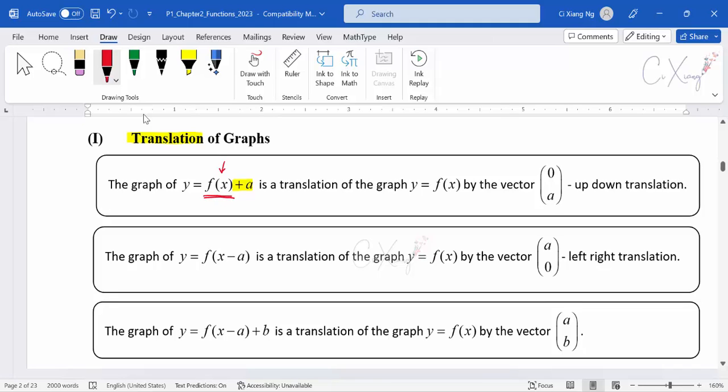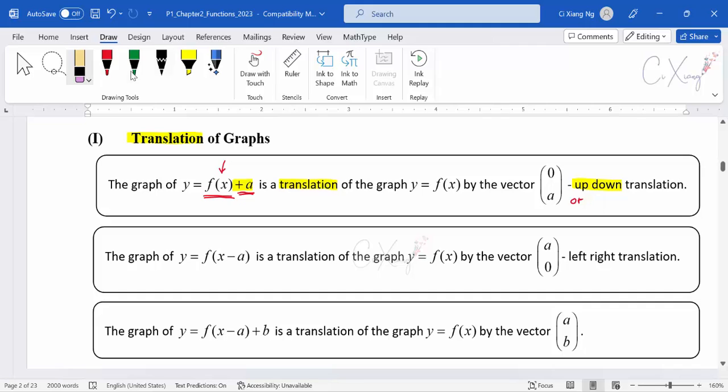If we are trying to add a number outside the basic curve, or subtract a number outside the basic curve, then generally we are talking about a translation of the graph in the y direction. So when you have something plus a number or minus a number outside the basic curve, it is actually an up-down translation of the curve. We call it up-down translation or translation in the y-axis.